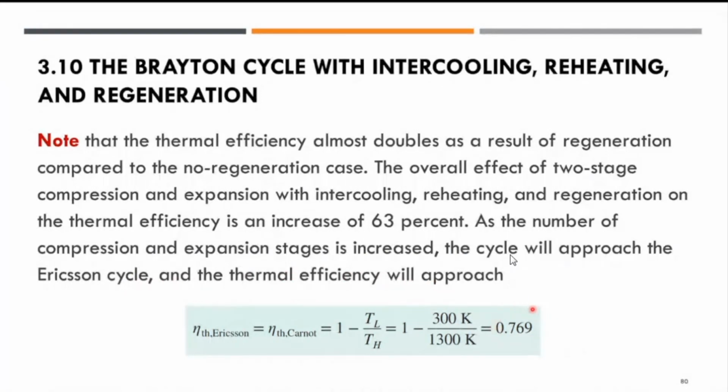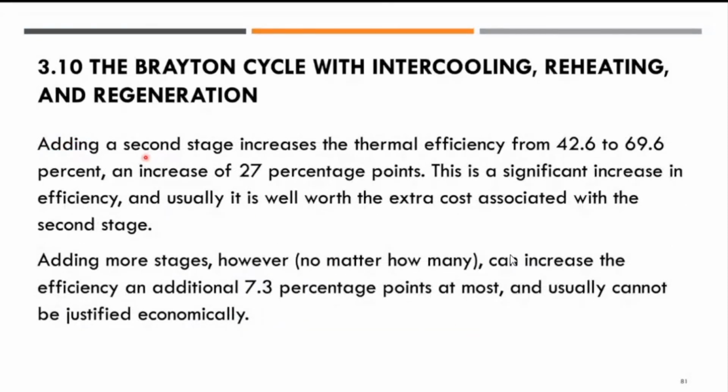0.769. Okay, so we just use the values of TL and TH from just now. So adding a second stage increases the thermal efficiency from 42.6% to 69.6%, an increase of 27 percentage points.